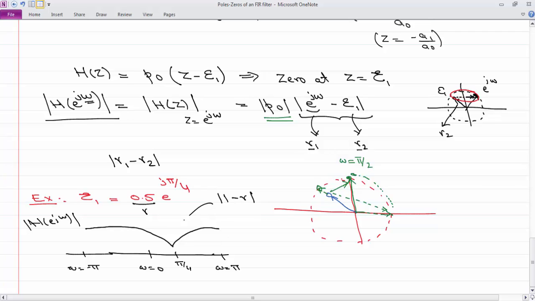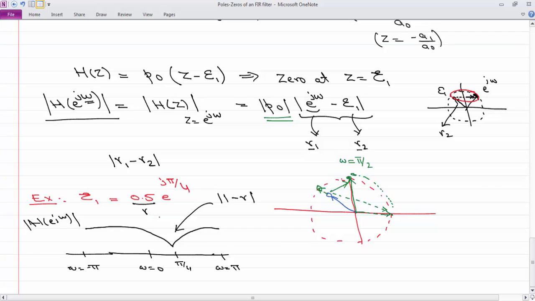Okay, so that's the amount of dip. So if my 0.5 became 0.75, then this will dip even further. And if my 0 was exactly on the unit circle, then my frequency response at that point will be exactly 0 at that frequency.